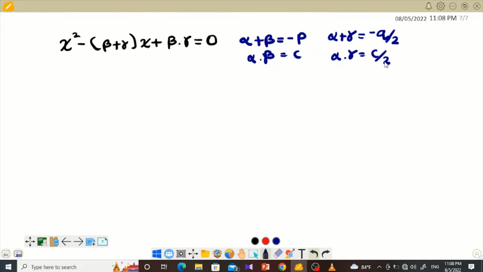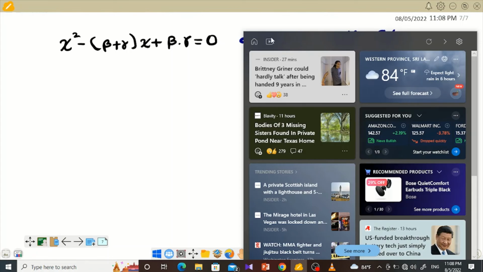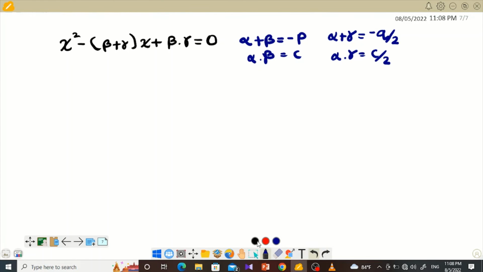First I am going to find beta plus gamma. I add the sum of roots equations, this equation and this equation. Then I get 2 alpha plus beta plus gamma equals minus p minus q divided by 2. I can get the value for beta plus gamma as this.